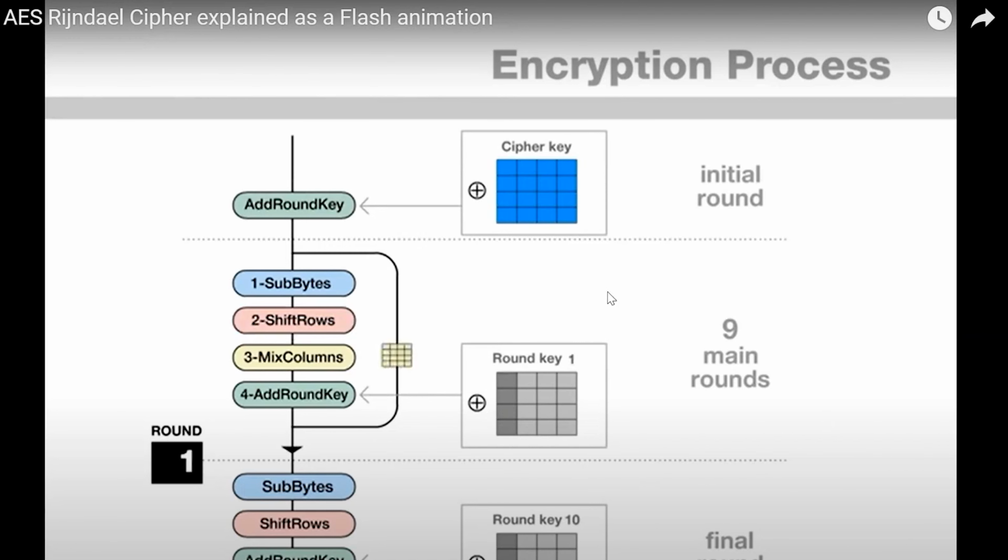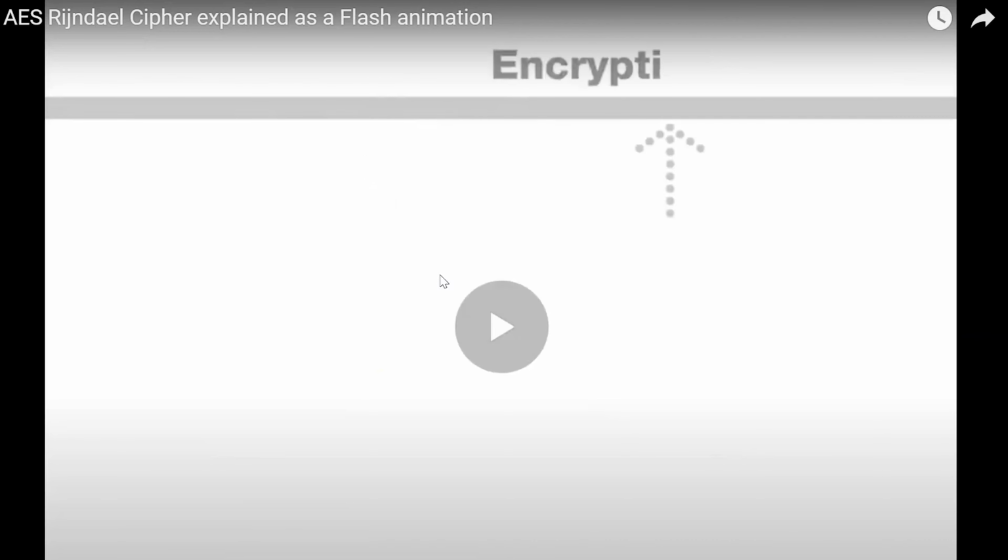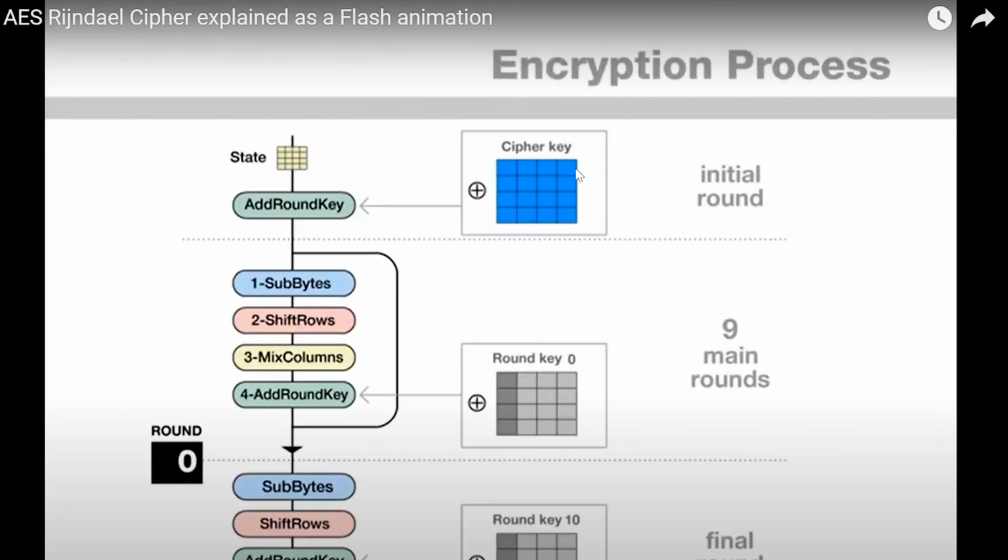As you can see, if I stop it, we already have the round keys, so the initial round keys are already given. Now this is the state that comes in. In the first round we don't do anything, we just add the round key, and then for many rounds we apply these four operations, and the last round is just a slight modification of a normal round.